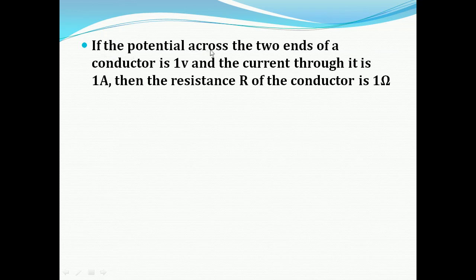If the potential difference across the two ends of a conductor is 1 V, and the current through it is 1 ampere, then the resistance R of the conductor is 1 ohm. Because we know R is equal to V by I. So 1 by 1 results in 1 ohm.